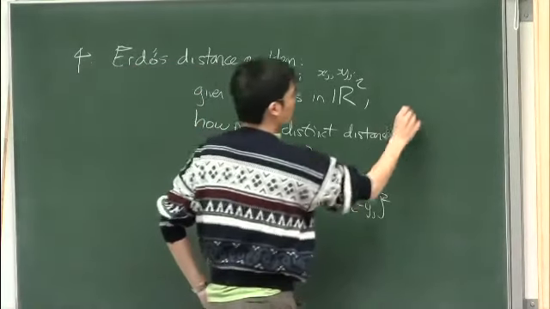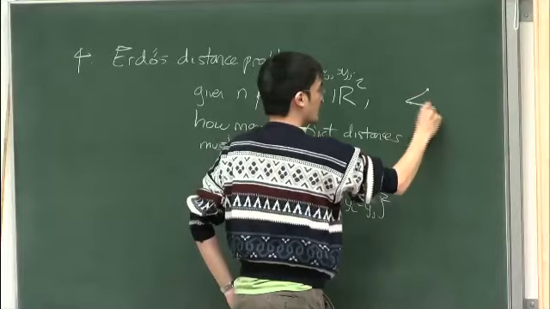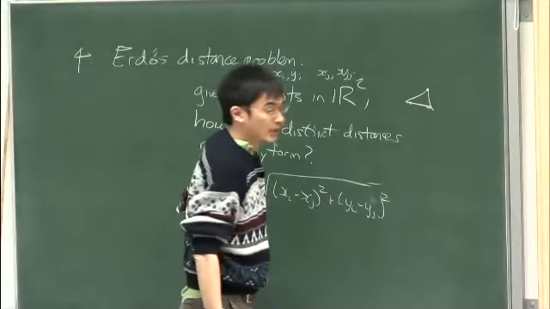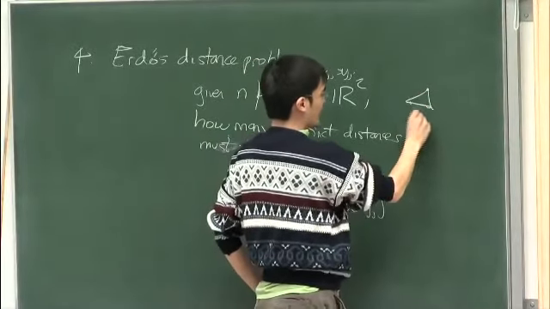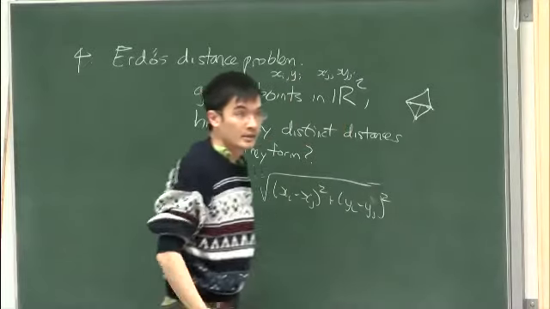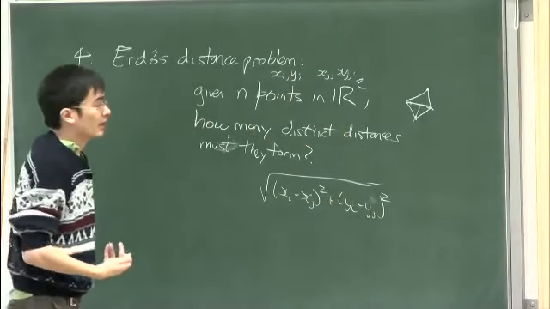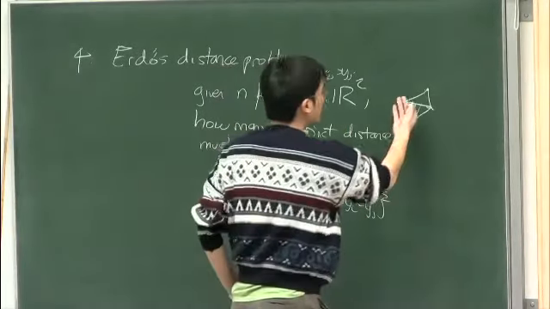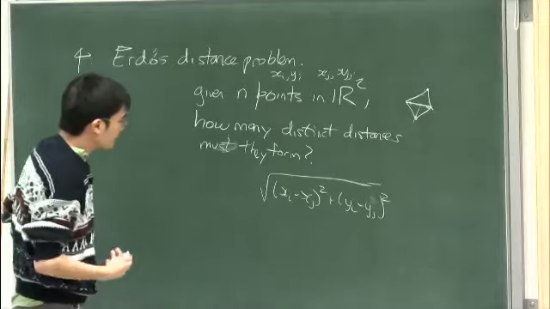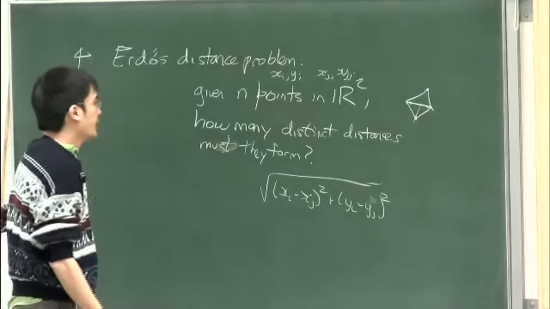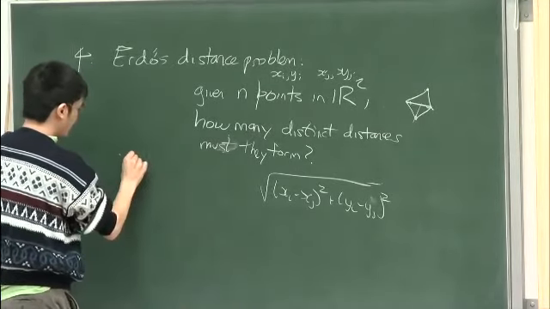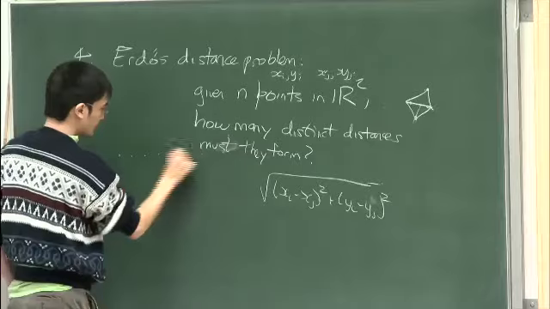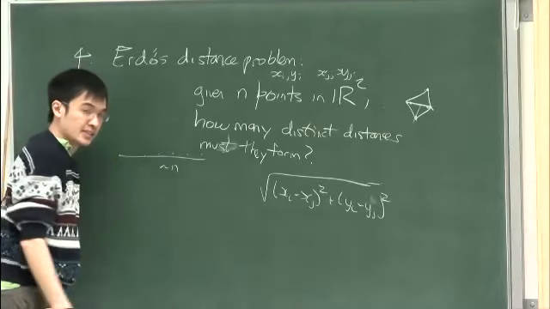For example, if you have 3 points, you can put them in an equilateral triangle, and then you only have one distance. If you have 4 points, though, you can't do that anymore. You have to create at least 2 distances. The question is, what's the least number of distances you can make if you have n points? What is the optimal configuration? For instance, you could arrange all the n points in arithmetic progression, and that will generate about n distinct distances.